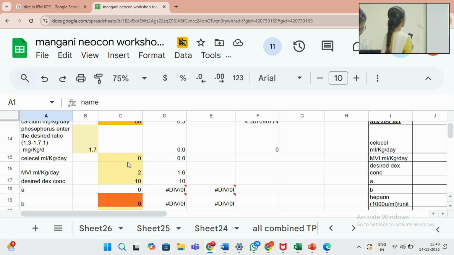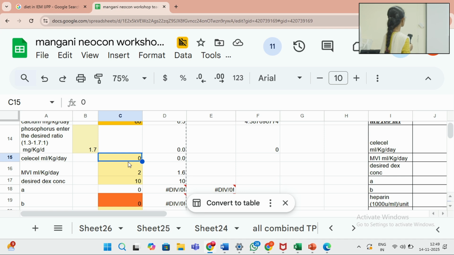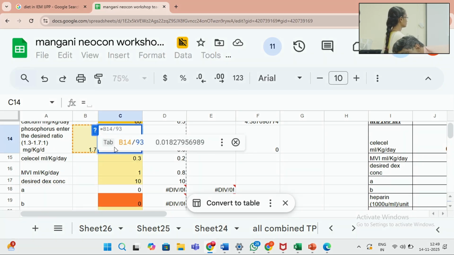Multivitamin, trace elements, I have said 0. MBA 2, ma'am. Okay, 2 ml we do not need, 1 ml per kg. But generally you can start trace elements and MBA a little later. On day 3 also you can start. You can start on day 1 also if you think that chronic illness will need it. Otherwise on day 2 or day 3 you can start trace elements and MBA.